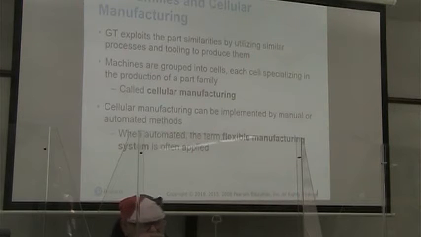We call this cellular manufacturing. And we can have cellular manufacturing using either manual or automated methods. When it's automated, we often use the term flexible manufacturing system.